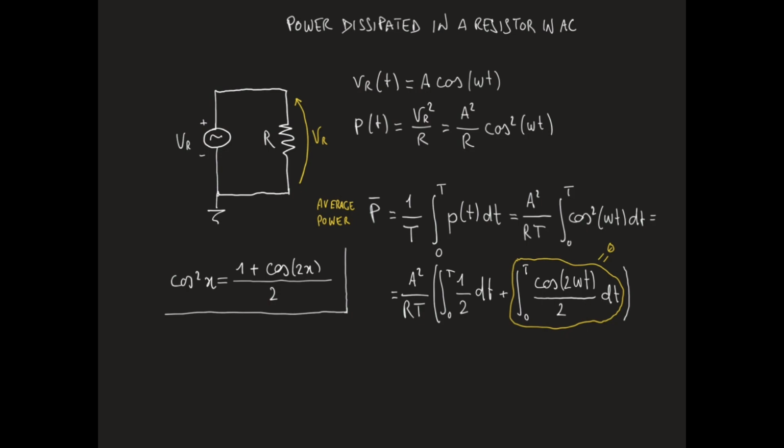So eventually we get that the average power is equal to A squared over R T times 1/2 T, or A squared over 2R, or the square of the amplitude of the voltage applied to the resistor divided by twice the resistance.